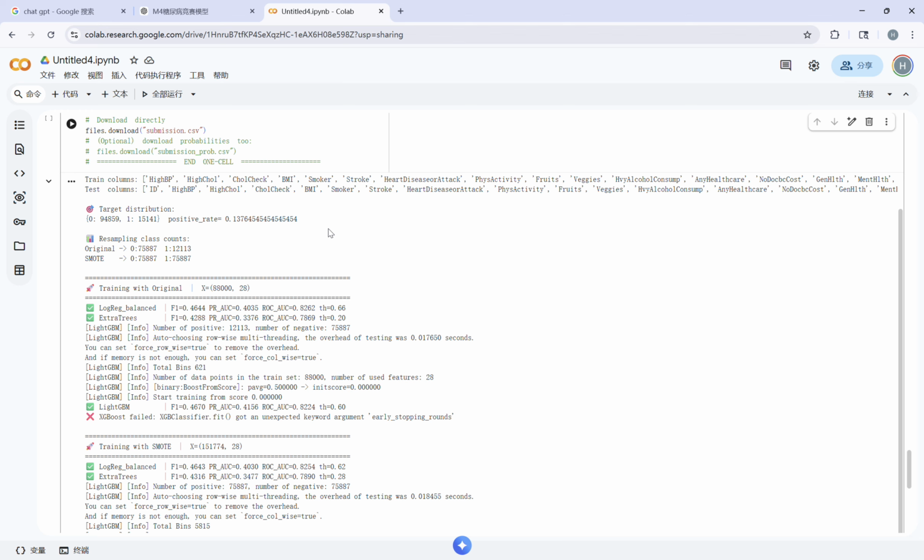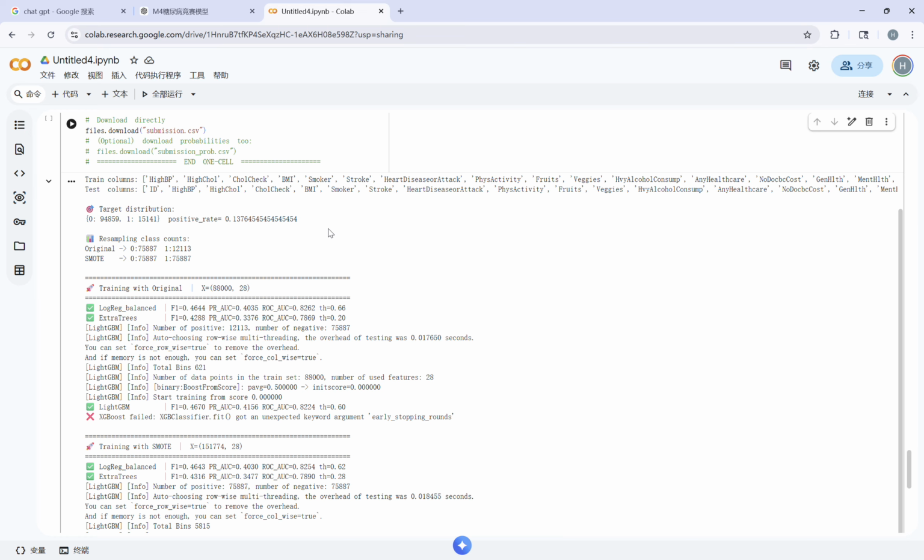Once the base features are clean, we add a small amount of feature engineering to help the model capture risk patterns more effectively. Instead of feeding only raw variables, we create a few additional features that summarize meaningful relationships.